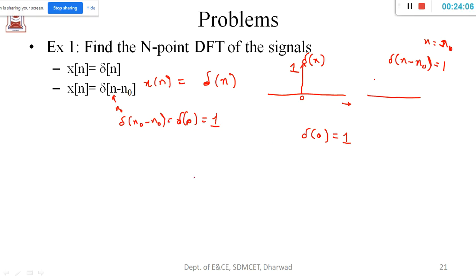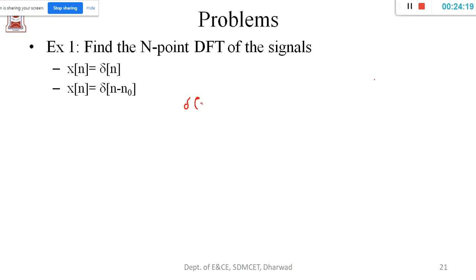So it is nothing but an impulse function or impulse signal. Delta of n is defined as 1 when n is equal to 0, and 0 in the other cases.